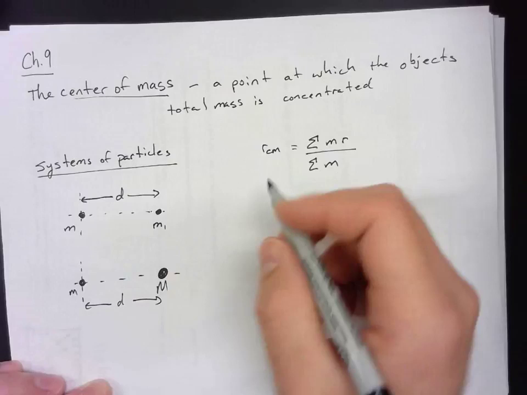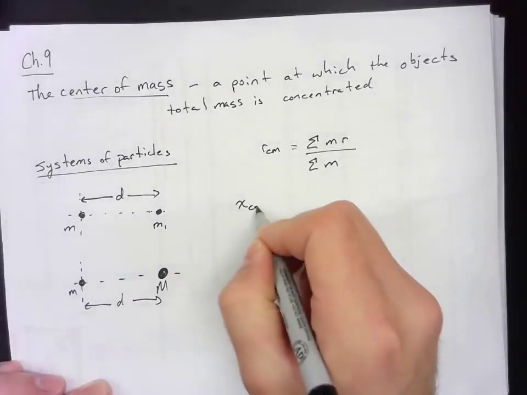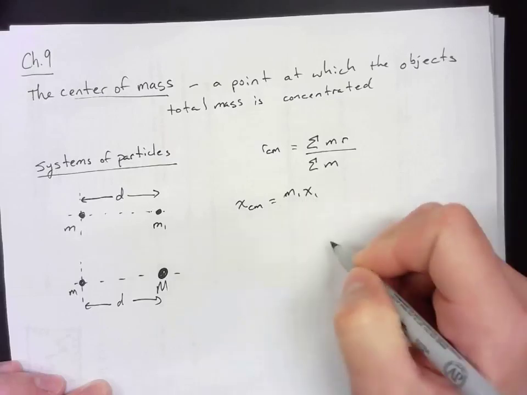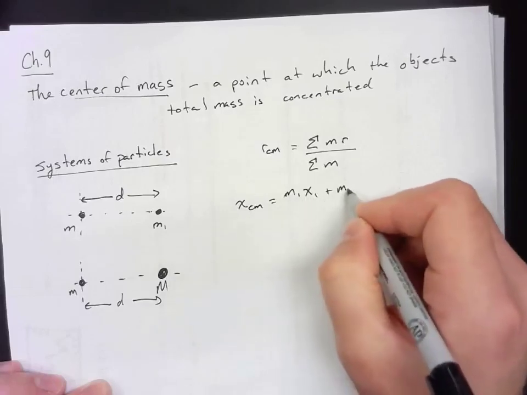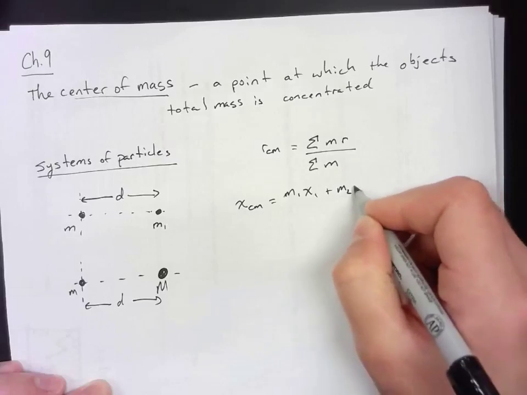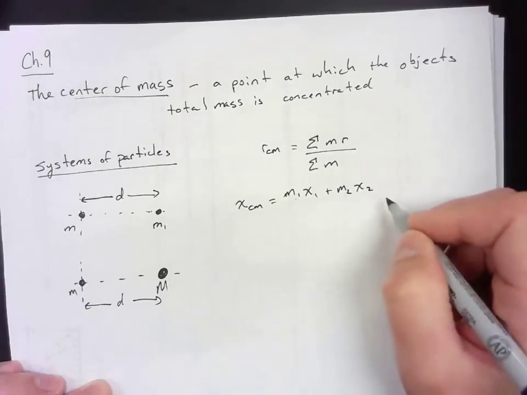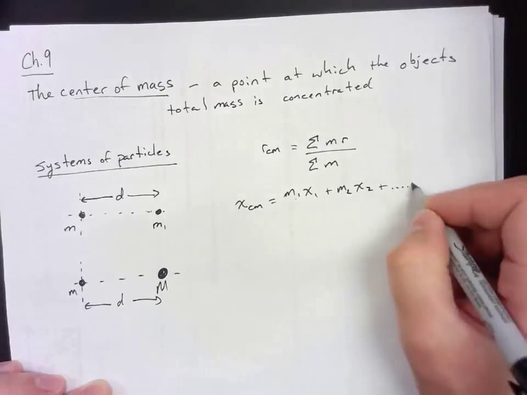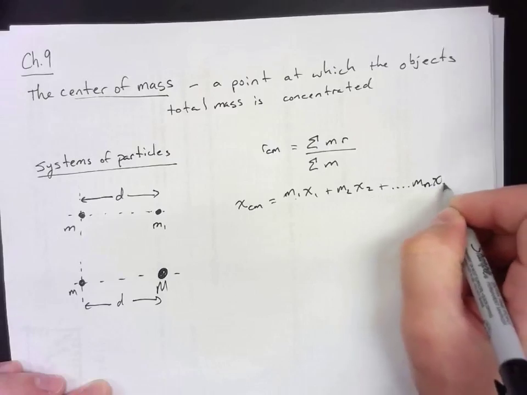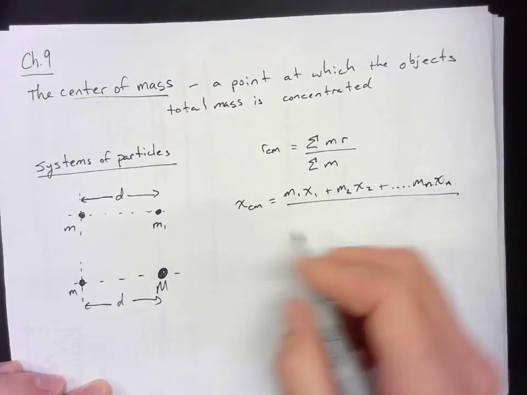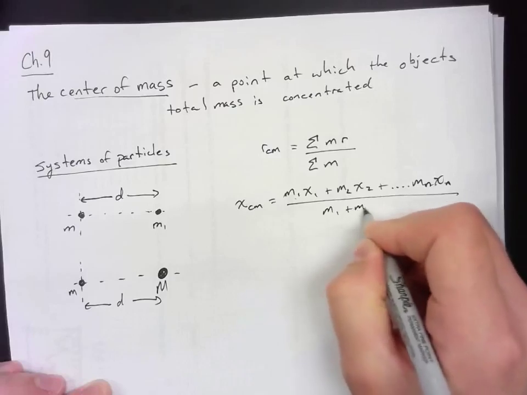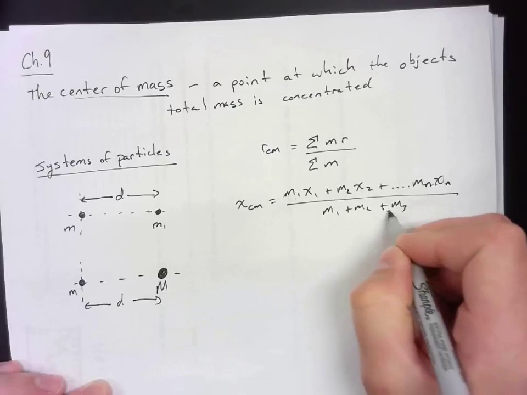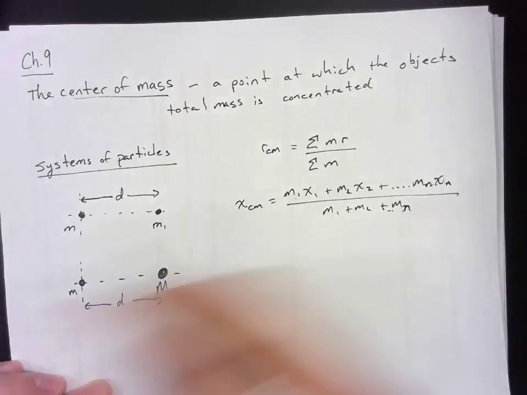Now, I'm going to use x's, so I would write it as XCM is equal to M1 times the location of X1 plus M2 times the location of X2, plus however many particles we have up until the nth particle. And here is going to be M1 plus M2 plus M3, or dot dot dot Mn.